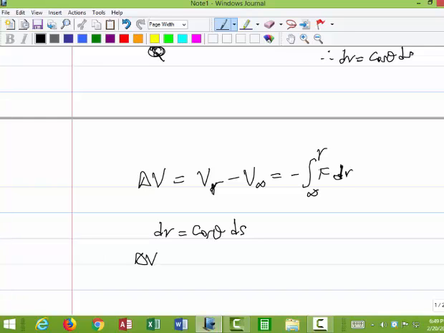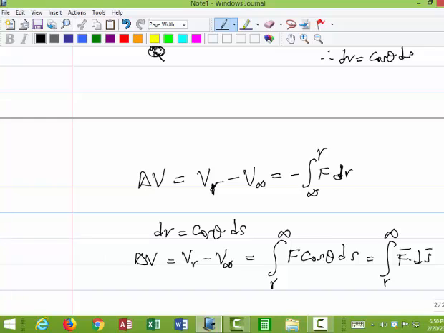So I can now say that the potential delta V is equal to V_R minus V infinity, and then I can flip it around and go from R to infinity and make it positive if I want. Before I do that, F dr is just equal to F times cosine theta ds, which is the integral from R to infinity of F dot ds, because F times ds cosine theta is just F dot ds.